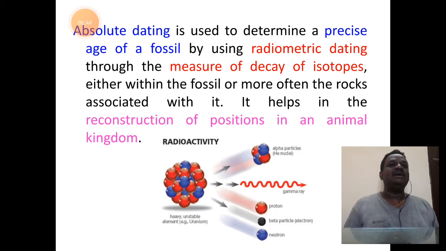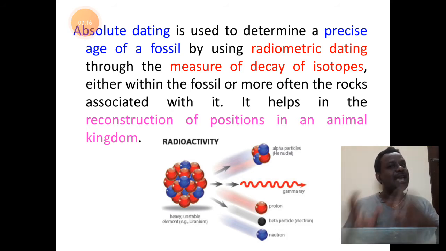In this process, we measure the decay of isotopes present either in the fossil or in the fossil rocks. Simply, we have a concept called isotopes. Isotopes are chemical atoms or elements with the same atomic number, but with variation in the neutrons. So they have differences in the neutrons.